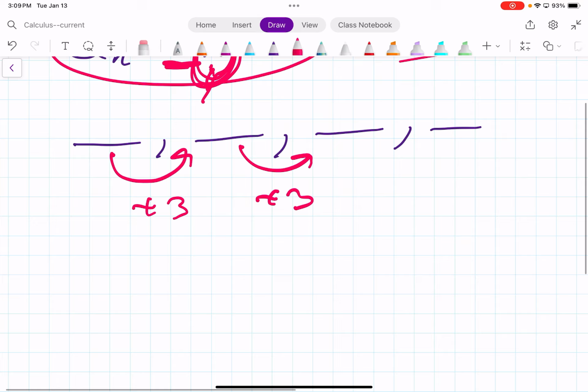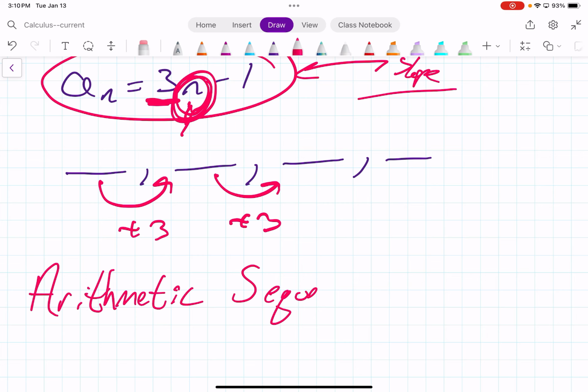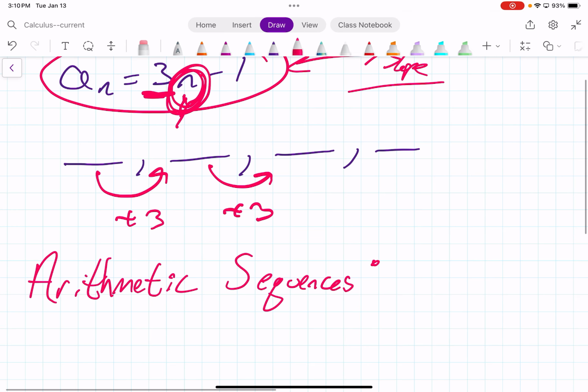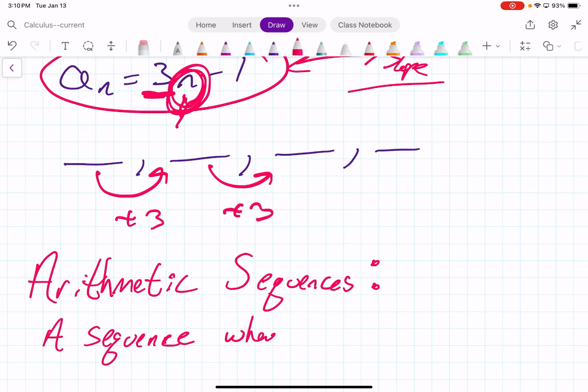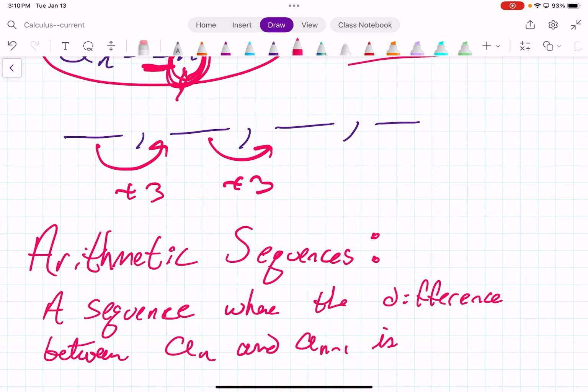So things like this. So if a sequence, so this is really an arithmetic sequence then. So arithmetic sequences. So a sequence where the difference between a sub n and a sub n minus 1 is constant.